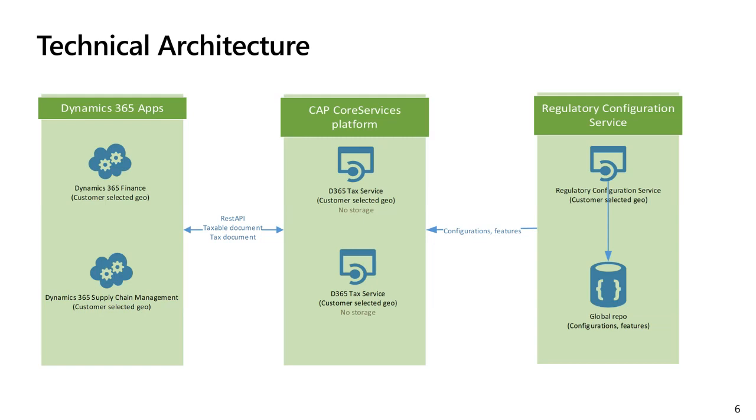It will, of course, communicate with our global repo to get the detailed setup and to determine the tax rate and the tax code, for example. Once it's been calculated, it will return the result back to the D365 apps. For this slide, as you can see, I put tax service instance 2 here, but it doesn't mean there are only 2 instances.